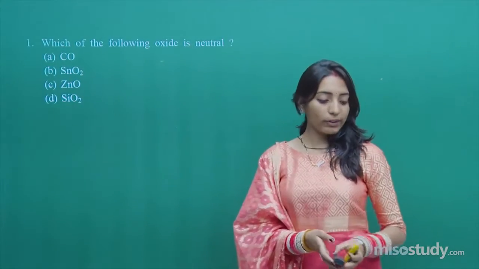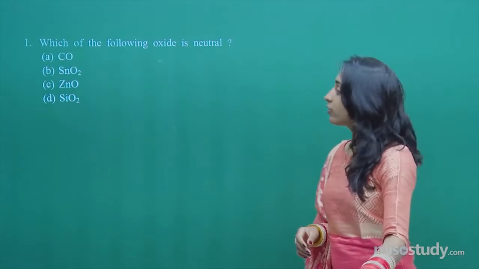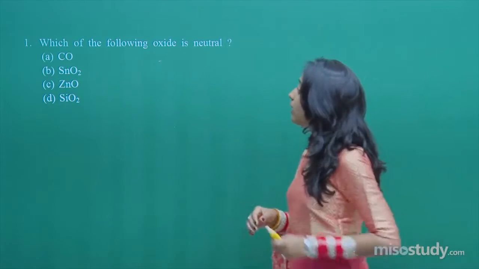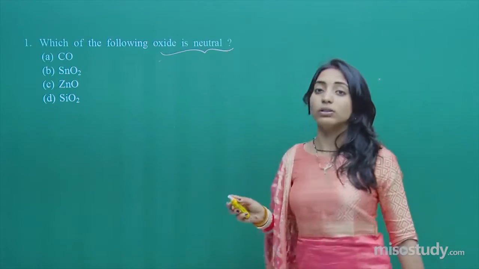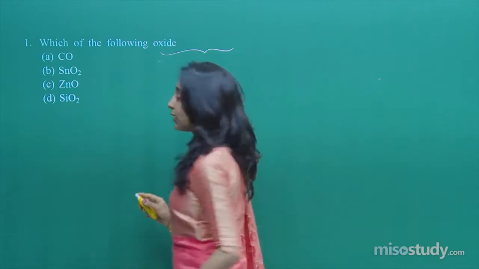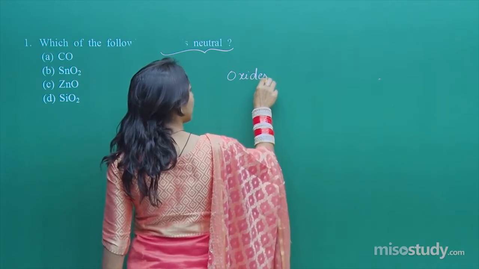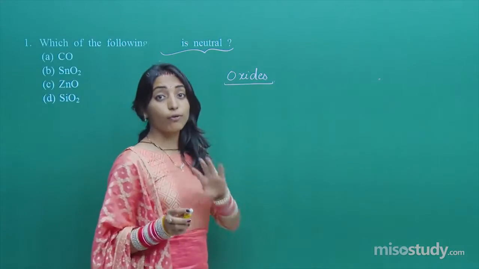So this is question number 1 on screen, and the question says: which of the following oxides is a neutral oxide? That means you have to talk about neutral oxides. Listen to me very carefully. When I was talking about oxides in my session, I told you that oxides are of 4 different types.